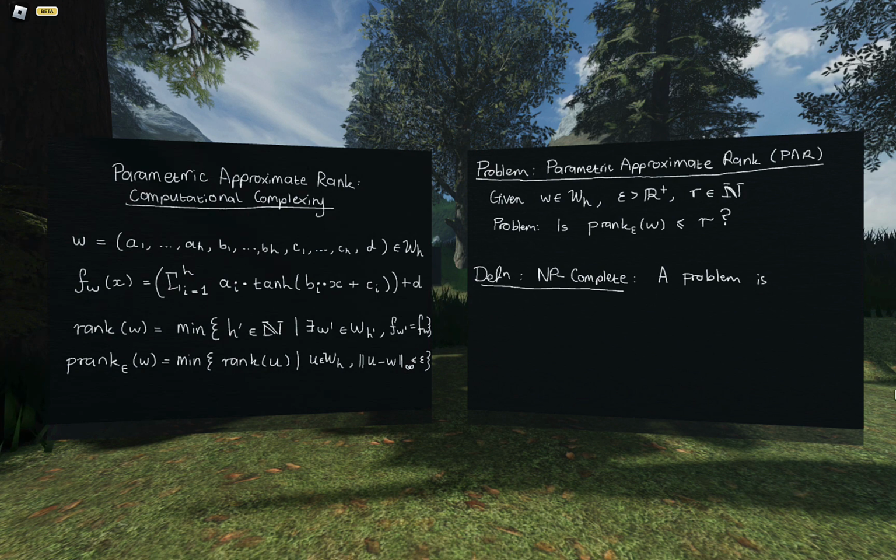A problem is NP complete if, I'll give this problem a name, I'll call it X, there's two conditions. First of all, X has to be in NP.